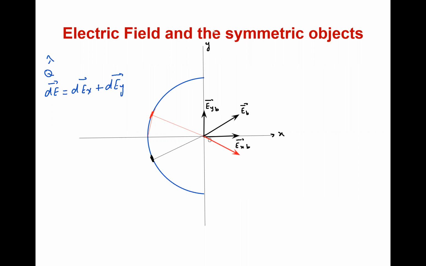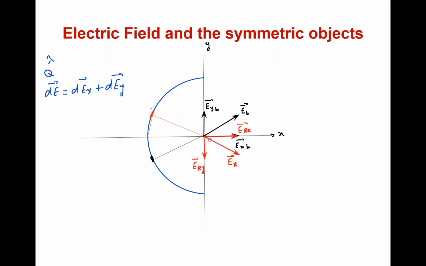Here also we have two components. The red one is E red, the electric field, with two components: E red Y and E red X.